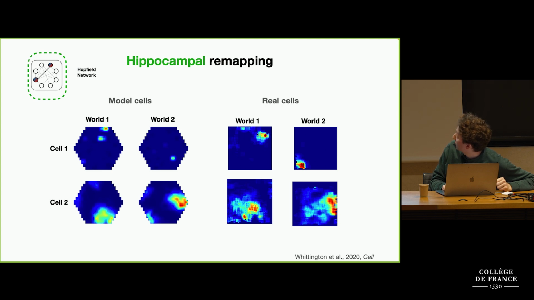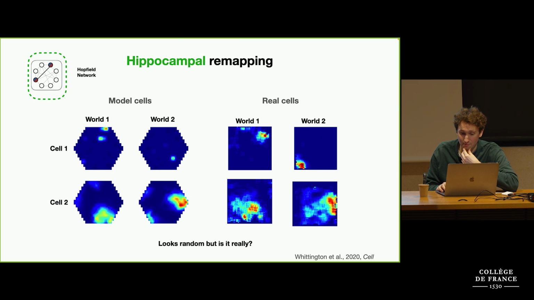So a cell that was over here in one situation moves down here. And a cell that was over here moves over here. And there's something kind of interesting that happens. When people had seen this before, it really looked like this remapping was random. Things moved around randomly. And it really looks random at first glance, but we can ask the question, is it really random?